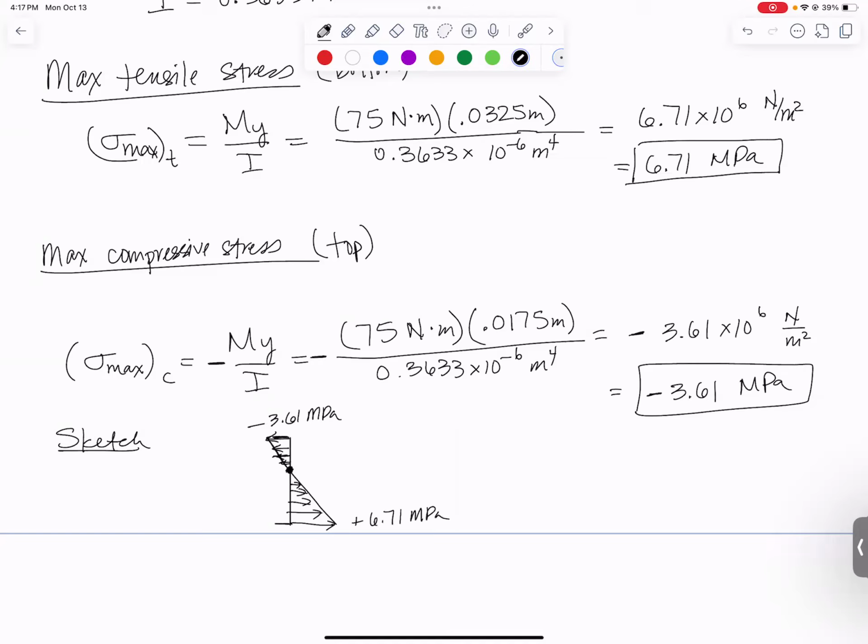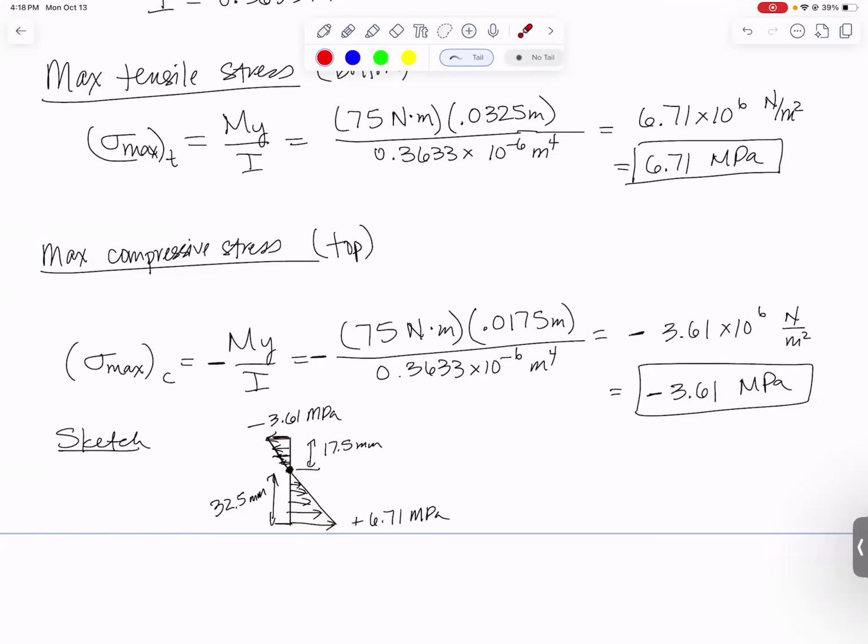And if you wanted to know distances, this distance is that 32.5 millimeters, and this distance right here was the 17.5 millimeters to locate where the stress is 0. That's what a sketch would look like looking at it from the side. You've got your compressive stress at the top, your tensile stress at the bottom, and it goes through 0 at that centroid location, which is not in the middle for this particular problem.